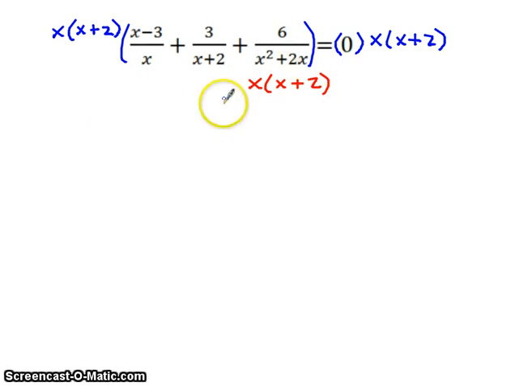You can see here in red that I factored the x squared plus 2x into x times x plus 2, and each one of our denominators is made of x times x plus 2. So that is our least common multiple of our denominators, and we need to multiply by that to eliminate each one of our denominators to make a problem that's much easier to solve. So let's go ahead and distribute in the x times x plus 2.